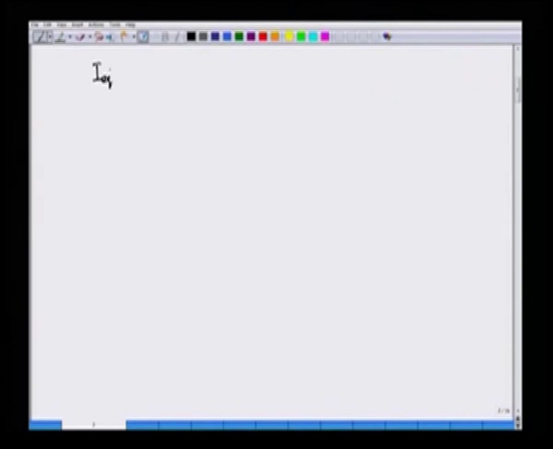I equivalent square into R is equal to I1 square T1 plus I2 square T2 plus In square into Tn, divided by T1 plus T2 plus Tn, into R. R is the resistance of the machine or the motor.